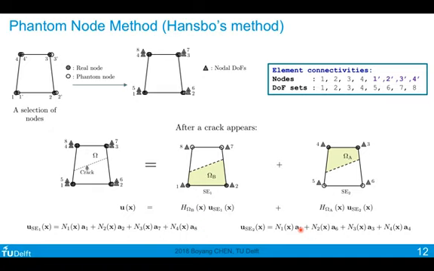Similarly here, A5, A6 belong to the phantom nodes, and A3, A4 belong to the real nodes. In this way, you have a very simple method to represent this discontinuity in the solution field by forming 2 sub-elements.